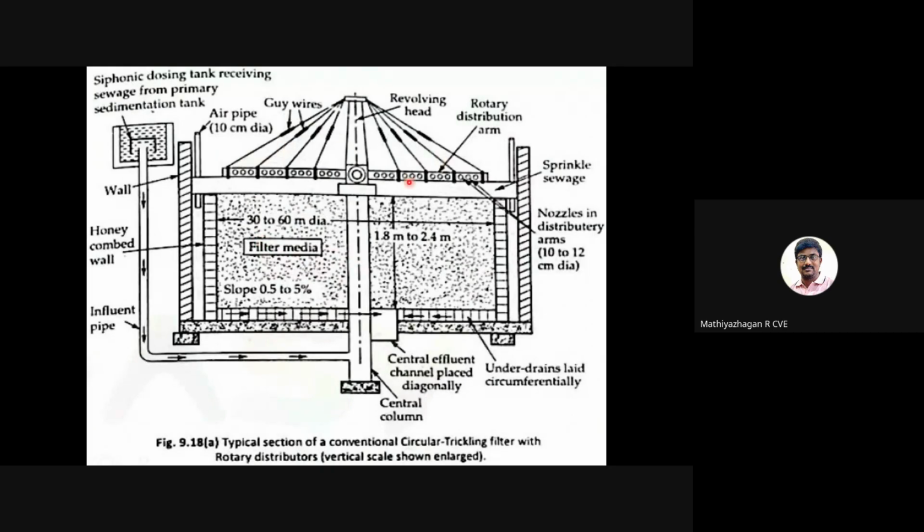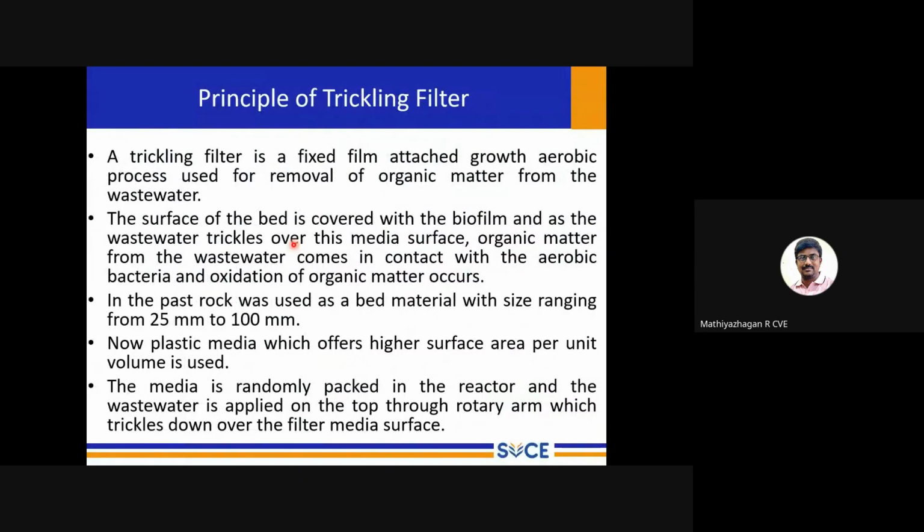So when we spray the water, that is, primarily clarified sewage, onto the filter media, it contacts the bacteria attached to the filter media, and organic matter is decomposed by the bacteria. Therefore, it is a kind of attached growth process. We can use any kind of rocks or any plastic media. This particular trickling filter is also an aerobic process.